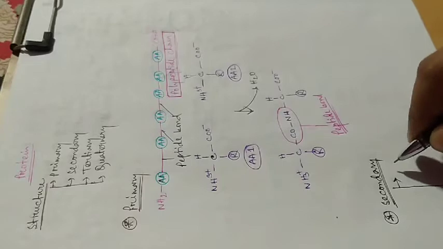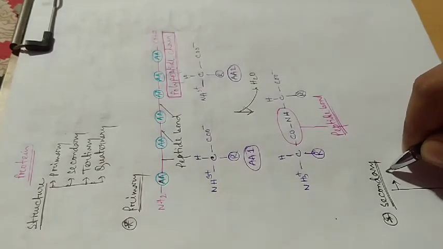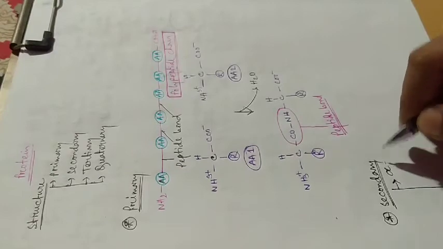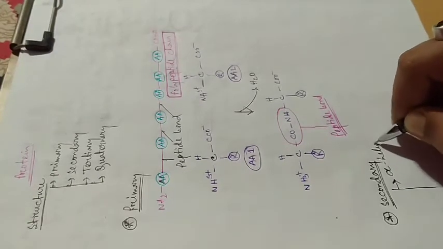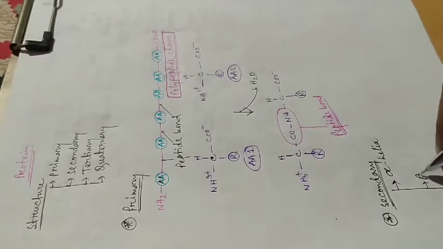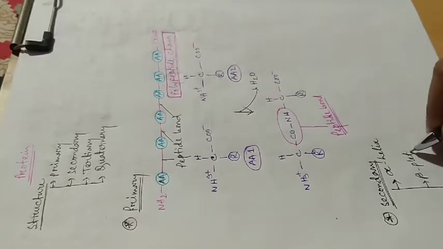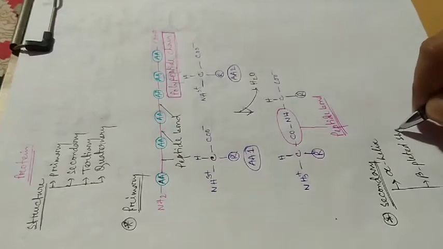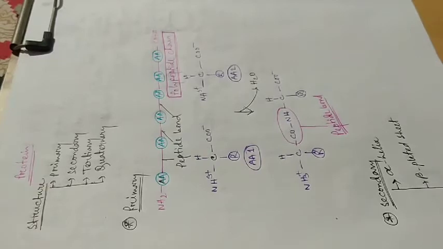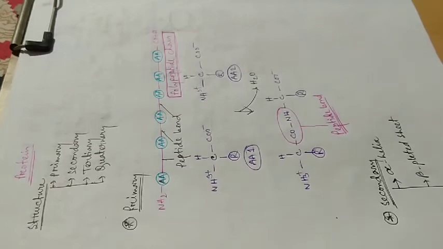First one, alpha helix, second one, beta pleated sheet, and third one, the collagen helix.